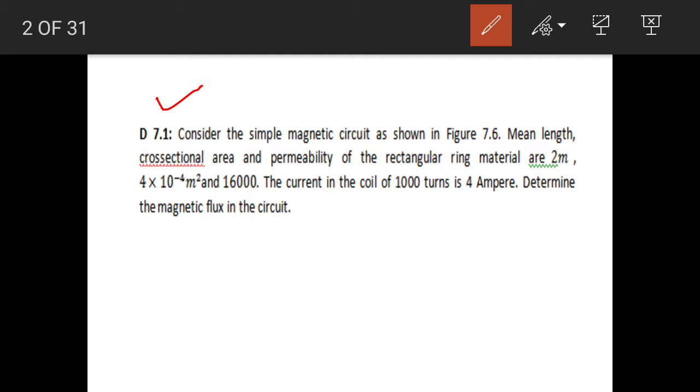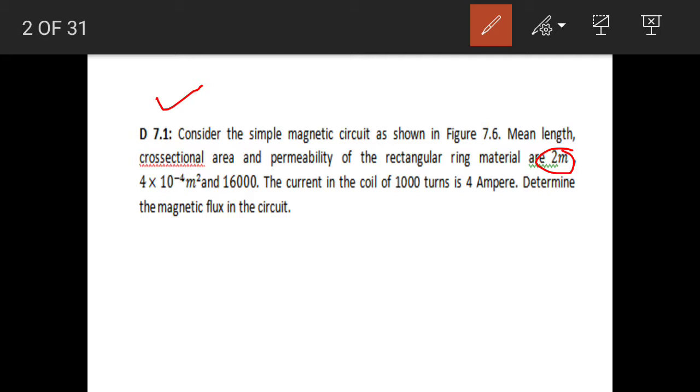Consider the simple magnetic circuit as shown in figure number 7.6. Mean length, cross-sectional area and permeability of the rectangular ring material are 2 meter. So the length of the material of the rectangular ring is 2 meter.